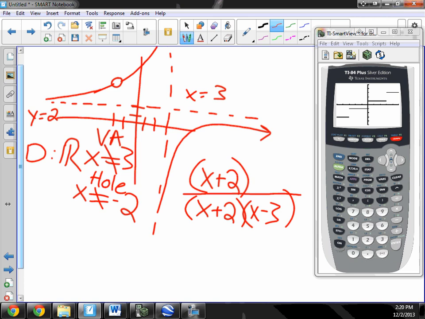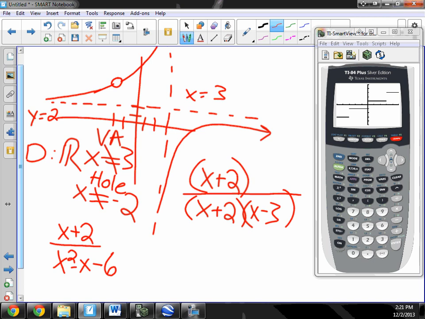It could also have like a 6 in the bottom, some number. But we know there are no more x's in the denominator. It has one hole and one vertical asymptote, so the denominator is an x squared. The top could be lots of things. It could be an x to the 5th. We're not sure. So the function could be x plus 2 over x squared minus x minus 6.